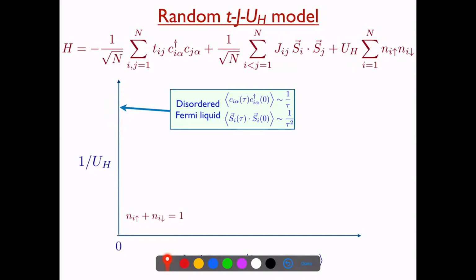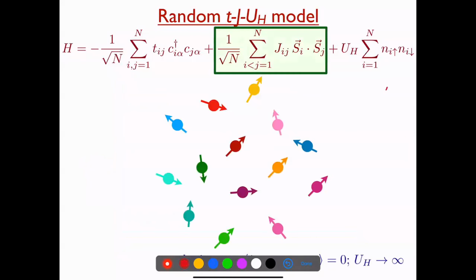Another property of a Fermi liquid is that its local electron Green's function decays as 1 over tau. This is just a Fourier transform of a constant density of states at the Fermi level.